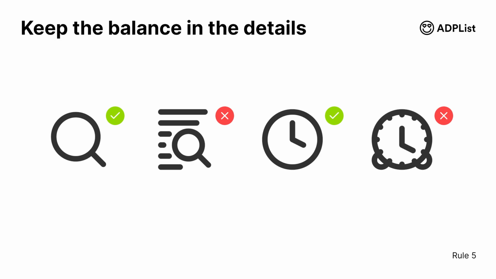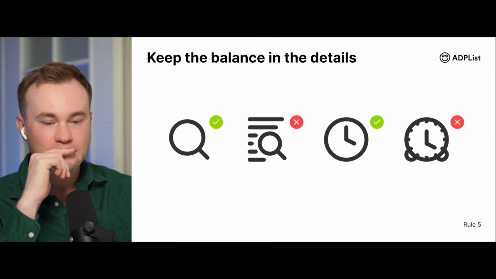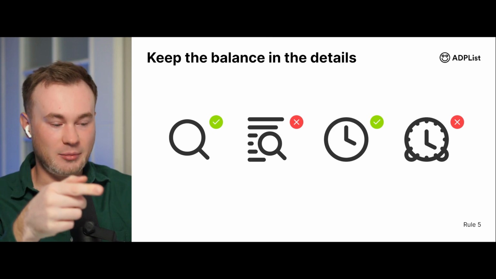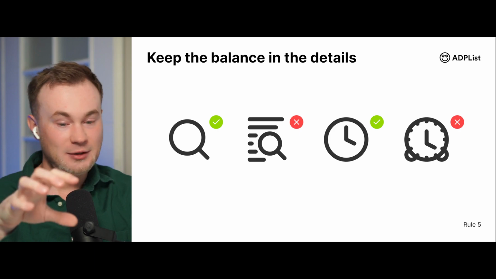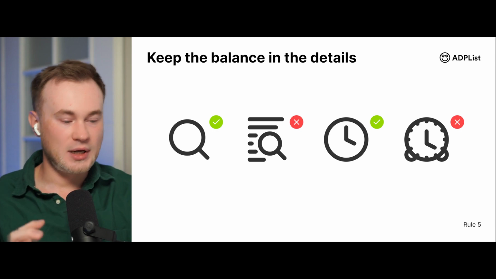Rule number 5, that's my favorite one, and the most subjective of all of them. Imagine that you see this one. Obviously, icon number 2 and icon number 4 are a little bit out of this bundle because they're too heavy.